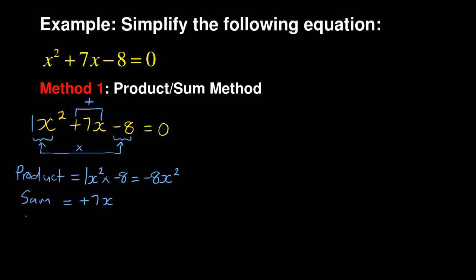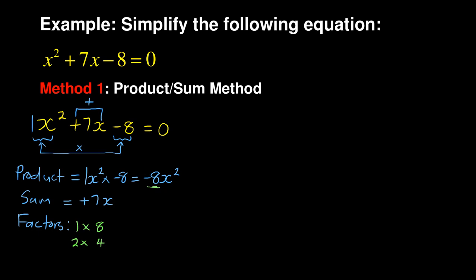With that, I'm going to look at the factors. The factors I'm looking for are the factors of 8, in this case. If I want to find the factors of 8, the first one is 1 times 8, and the second one is 2 times 4. These are 2 pairs of numbers which, when I multiply them, give me 8.